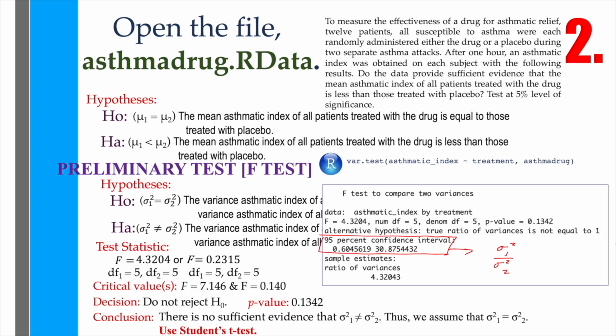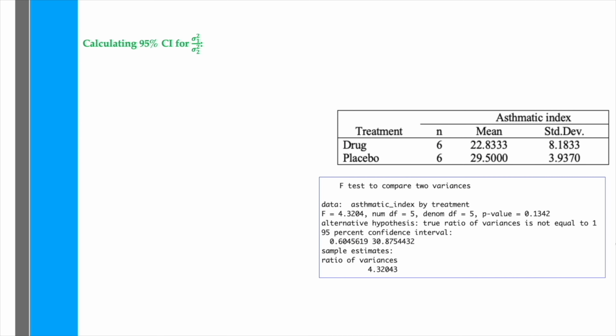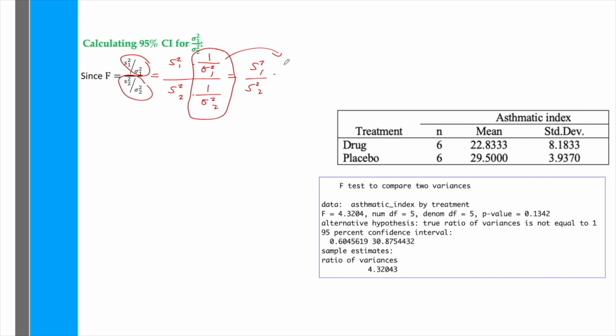Notice that the equation for calculating the value of the F statistic is in this form. And since what we're calculating here is the 95% confidence interval for sigma squared sub 1 over sigma squared sub 2, this fraction may be expressed as s squared sub 1 times 1 over sigma squared sub 1. And similarly, this fraction may be expressed as s squared sub 2 times 1 over sigma squared sub 2, which is the same as s squared sub 1 over s squared sub 2, and then this one will be expressed as sigma squared sub 2 over sigma squared sub 1.